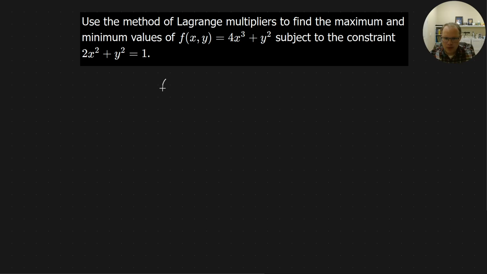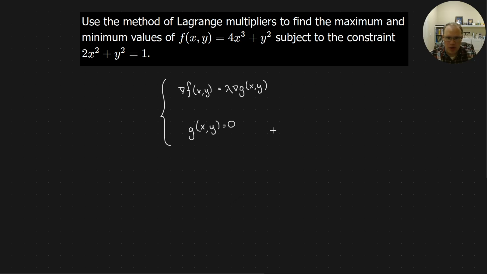The approach here is that the gradient of our objective function, the function we're trying to maximize or minimize, should be equal to lambda times the gradient of our constraint function. That will make sure that the level curve of this is tangent to our constraint function, which means it might be a maximum or minimum value. And then we actually want our constraint function also.